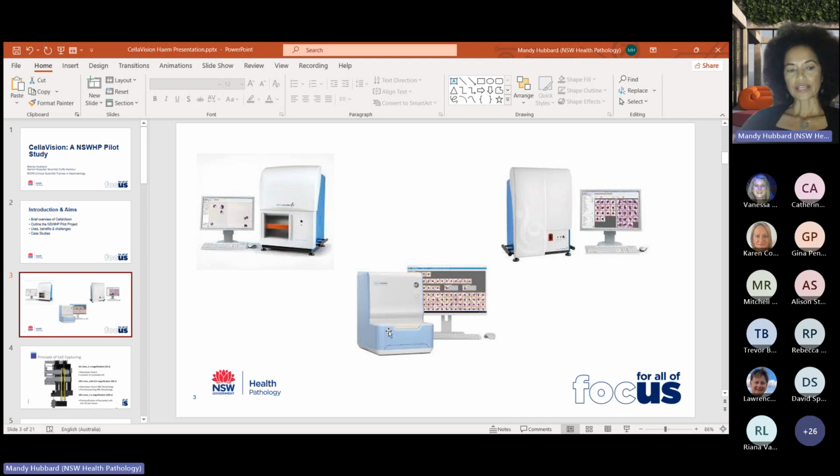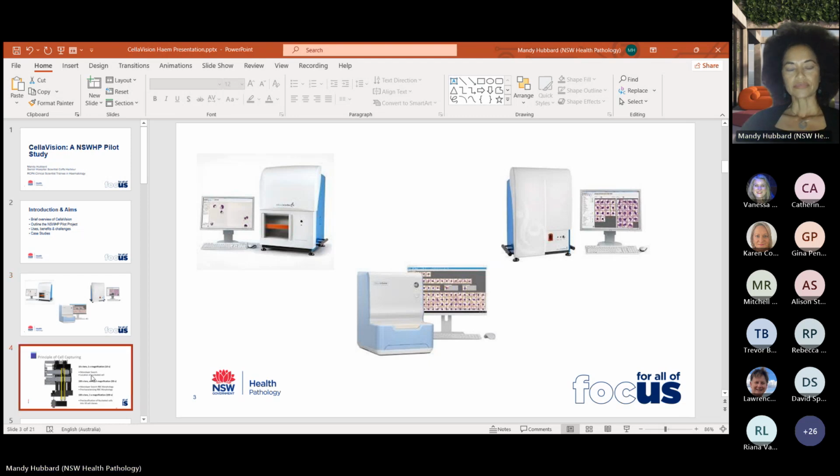The classification and characterization information has to be entered into the analyzer. We've done that for our analyzers, based on the reporting guidelines of New South Wales Health Pathology, which are underpinned by the ICSH guidelines.